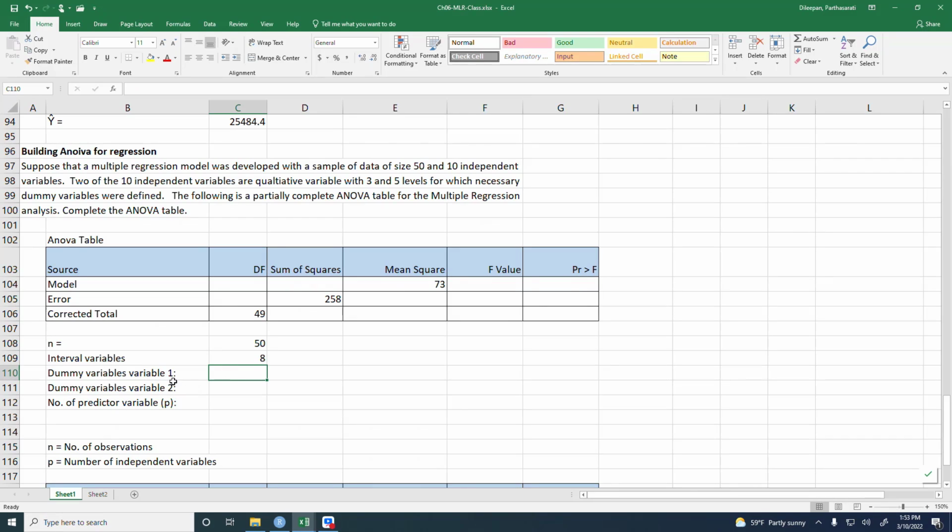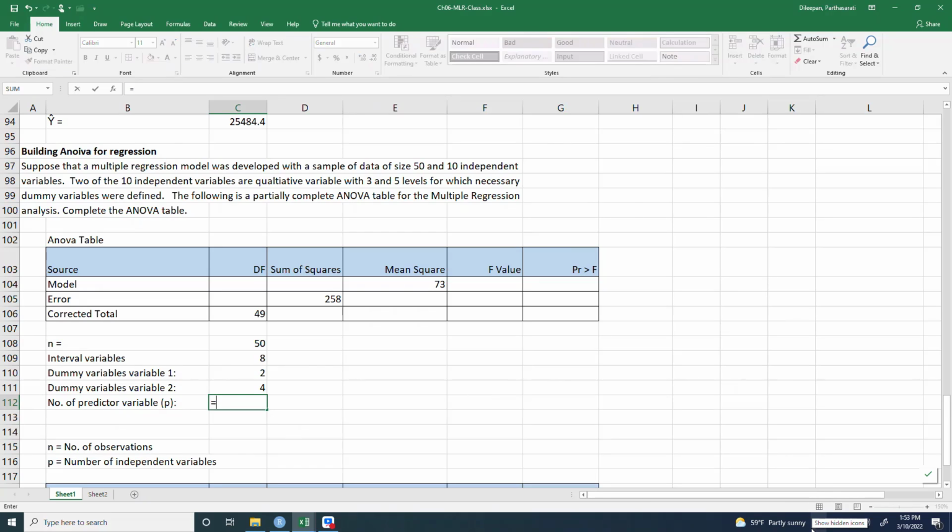So how many dummy variables do you have for the other 2? So the first qualitative variable has 3 levels. So how many dummy variables do you need for the first character variable? 3 levels, so it must be 2. And there are 5 levels in the second one, so you need 4 dummy variables.